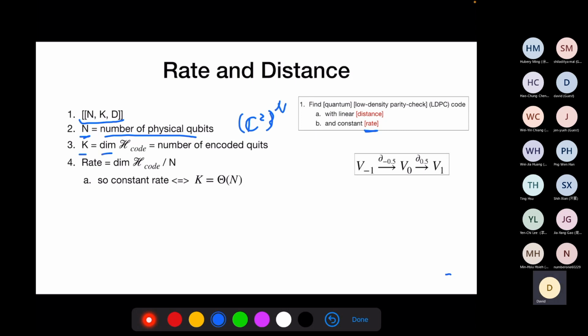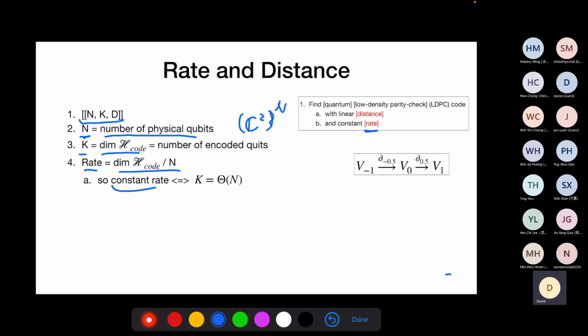And k is the dimension of the code space. Equivalently, it's saying how many qubits can I encode using this error correcting code. And the rate is the ratio between the two.